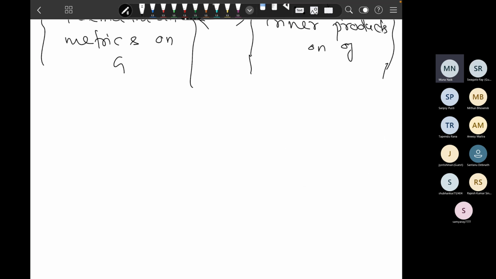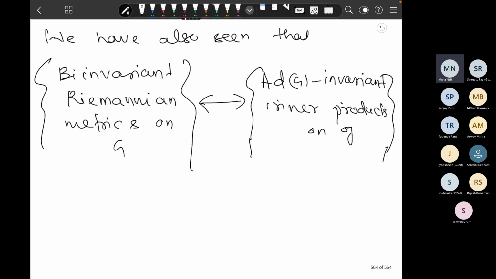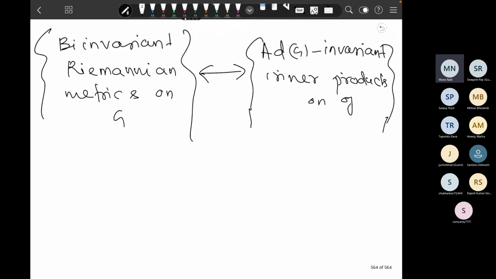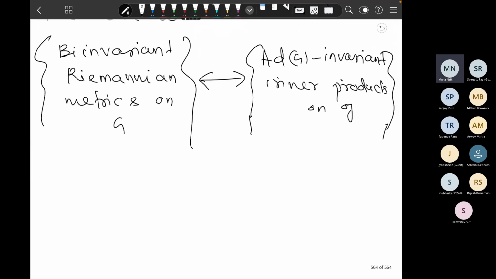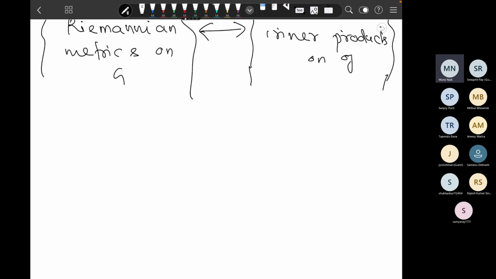In the previous lecture I asked this question: when is this bi-invariant Riemannian metric on G unique up to scalar multiple? Now I am answering this question. It is clear that if Ad(G) acts on the Lie algebra irreducibly, then there exists a bi-invariant Riemannian metric on G, unique up to scalar multiple.